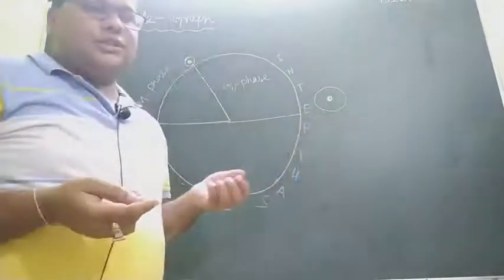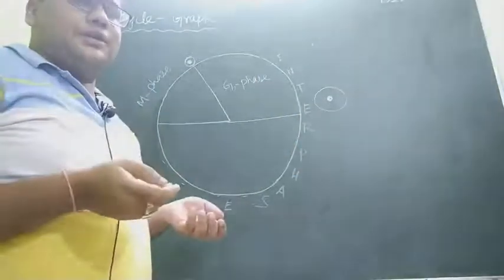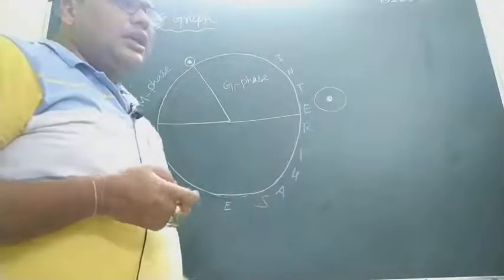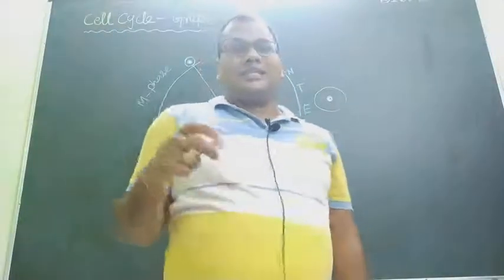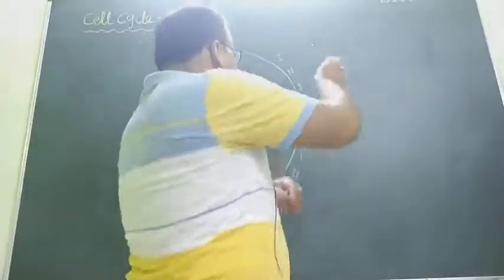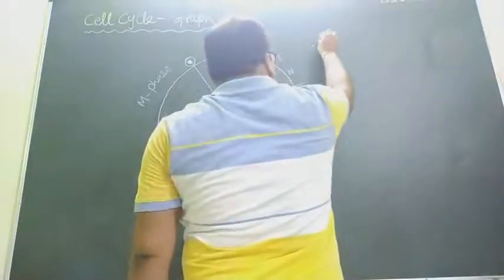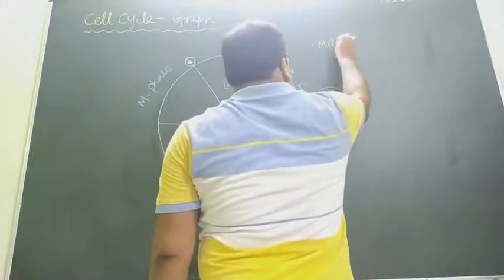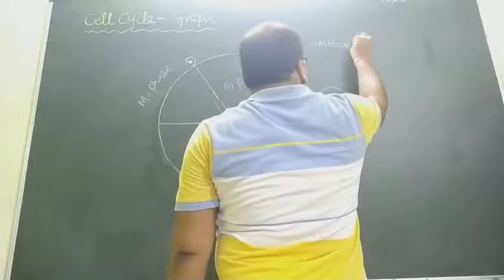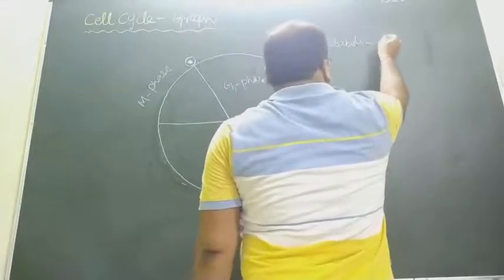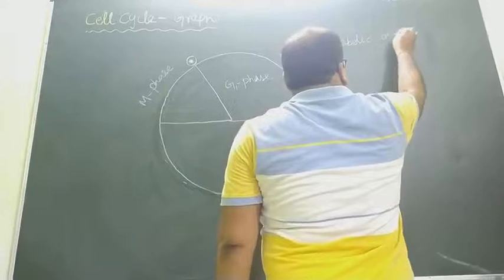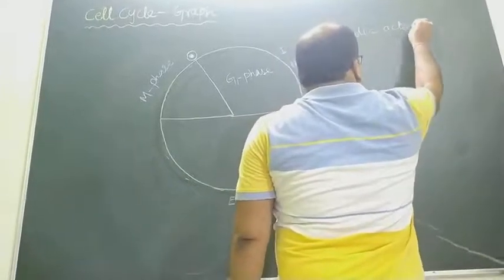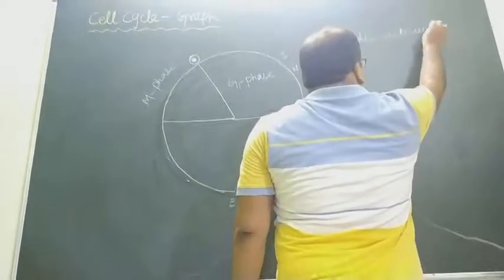The first important change or the major event which takes place in G1 phase is that the metabolic activity of the cell increases, means cell is metabolically active. Metabolic activity is seen in the cell.